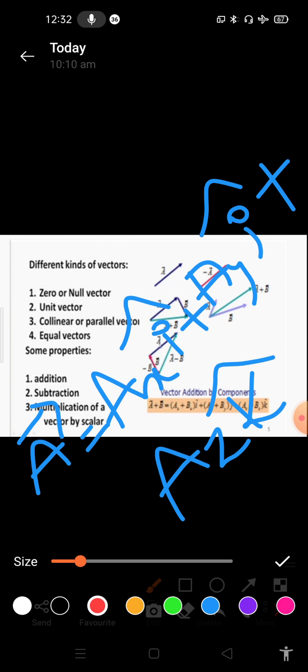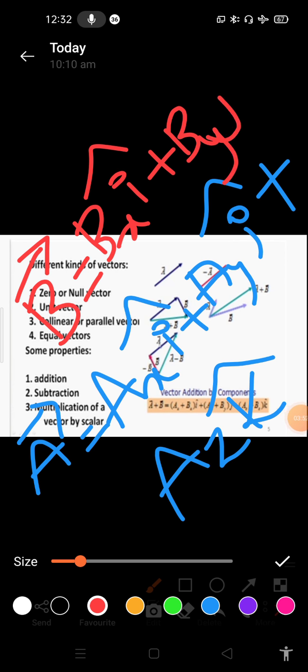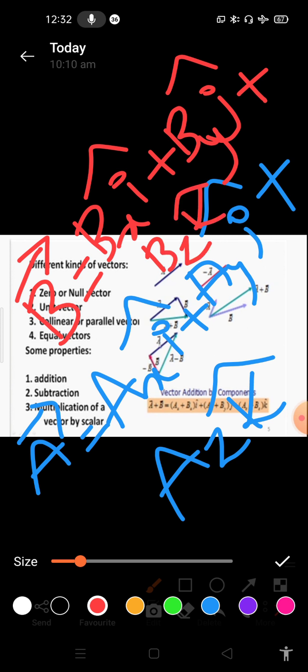And if you take the vector B representation, it is BX I cap plus BY J cap plus BZ K cap, okay? For example, the vector A is this one and the vector B is this one. Then the vector addition is A bar plus B bar.